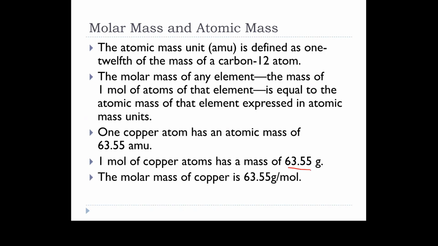So we write that in this fashion. That number we pull off the periodic table is written in a fractional form, and we say it's that many grams per mole, okay? That is a conversion factor between grams of that particular atom and mole. The simplest way I can define that relationship is that an atomic mass unit is the same as a gram per mole.